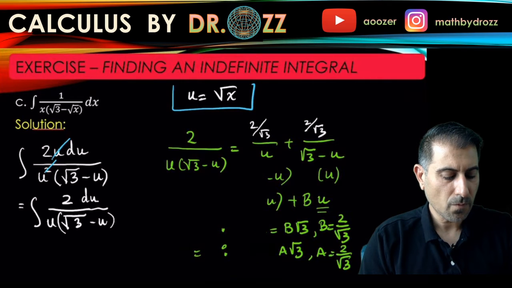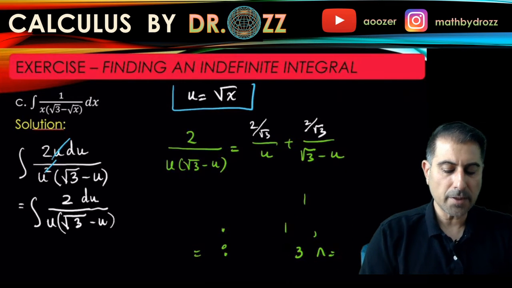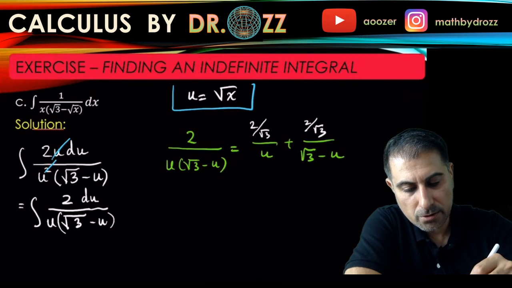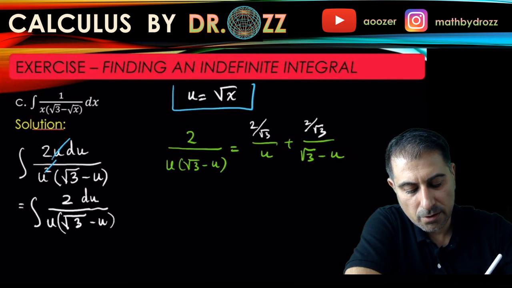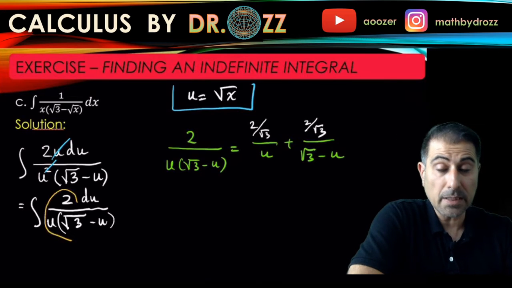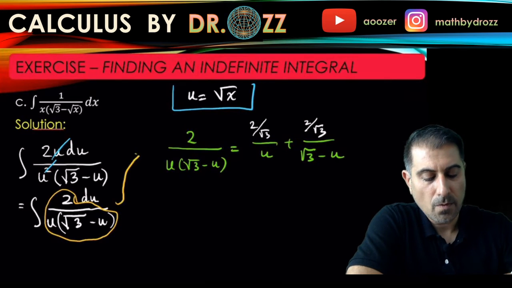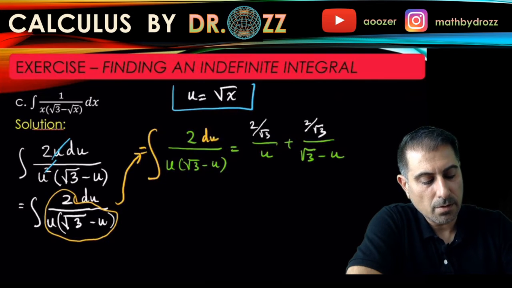In the next step, I'm going to do the integration because now I converted this fraction into the difference or sum of two fractions. So this integral is equal to du, du, and du.